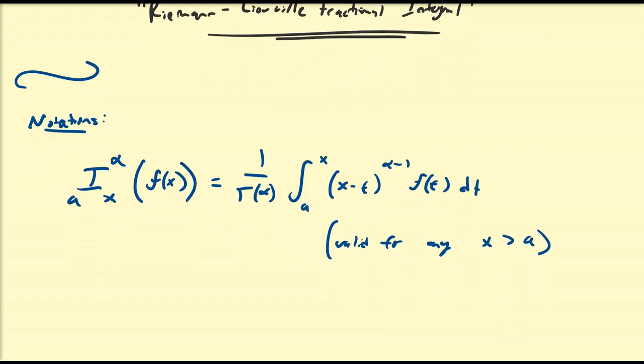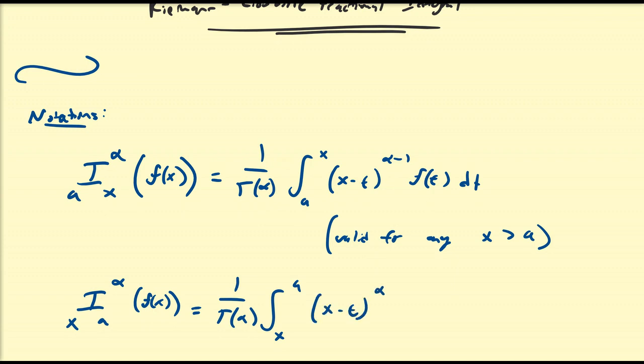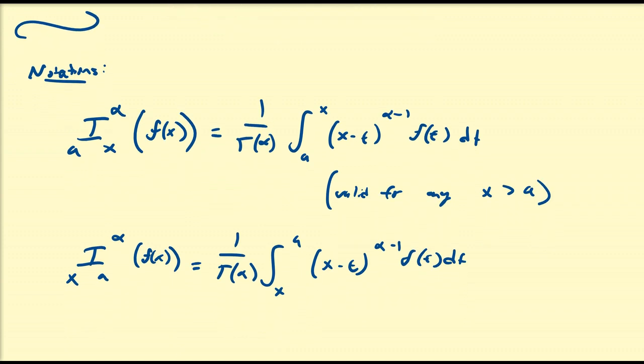So if you want the opposite direction, so I with endpoints x, a of order alpha of f of x, this is going to be equal to 1 over gamma of alpha times the integral from x to a of (x minus t) to the alpha minus 1 f of t dt. So this is going to be the definition valid for any a less than x or a greater than x.